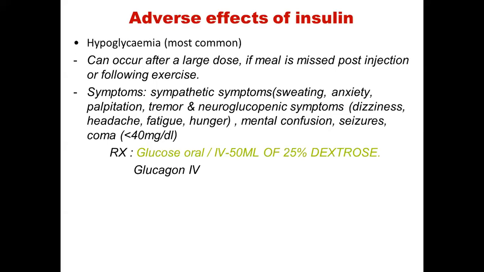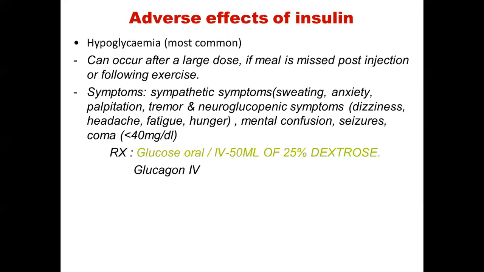These include sympathetic overactivity symptoms like sweating, anxiety, palpitation, tremor, and later neuroglycopenic symptoms like dizziness, headache, fatigue, hunger, mental confusion, seizures, coma. These usually occur when the blood glucose level goes very low, less than 40 milligram per deciliter.